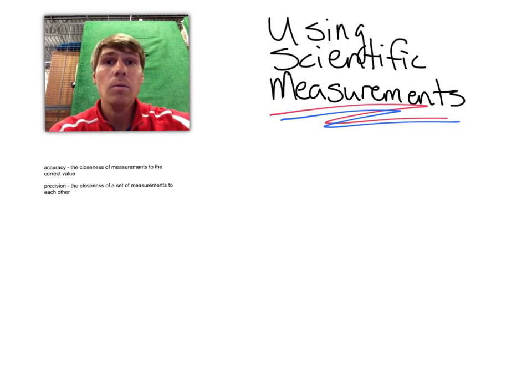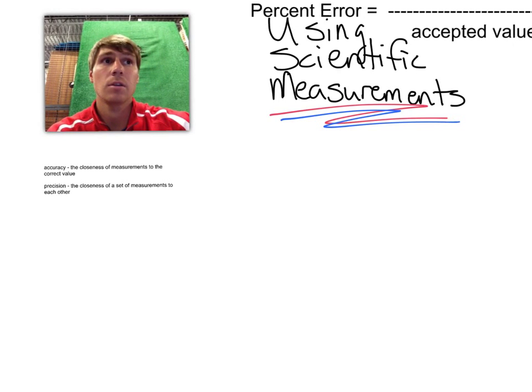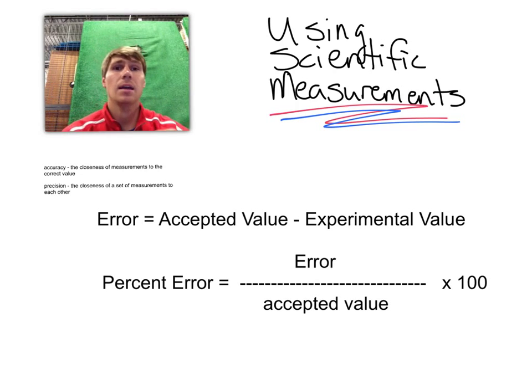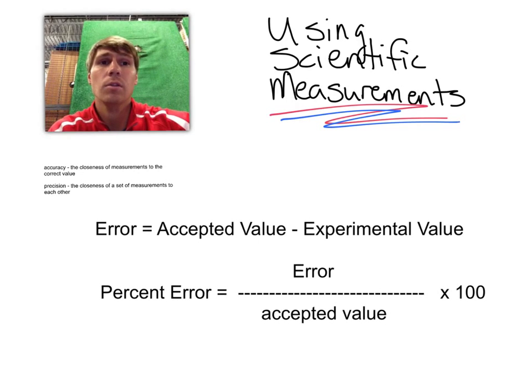Now, how we tell whether something is accurate and precise is by something that we're going to use called experimental error, and that's just in a certain measurement. There is going to be an exact correct value, but we're going to need to figure out how close we are to that correct value. So we're going to have two equations to use for that.